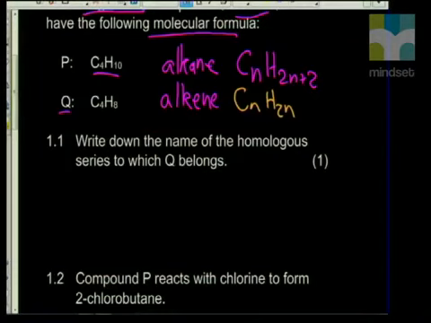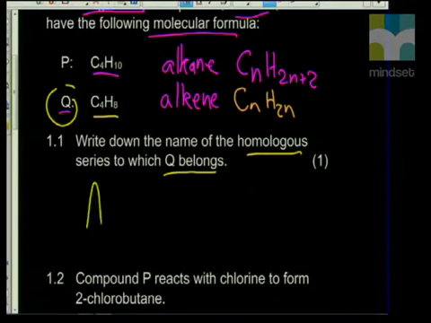Write down the name of the homologous series, and we've done it already, to which Q belongs. So Q, we've looked at the molecular formula and we recognize this belongs to the series of alkenes. Just to remember, it belongs to the alkene family or the alkene homologous series.